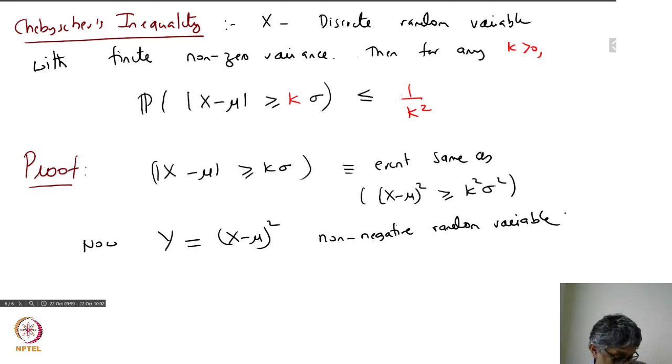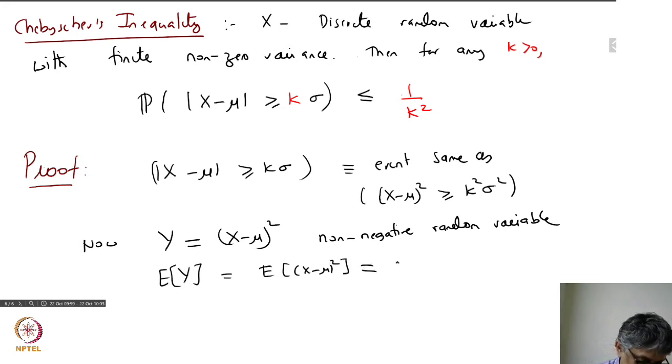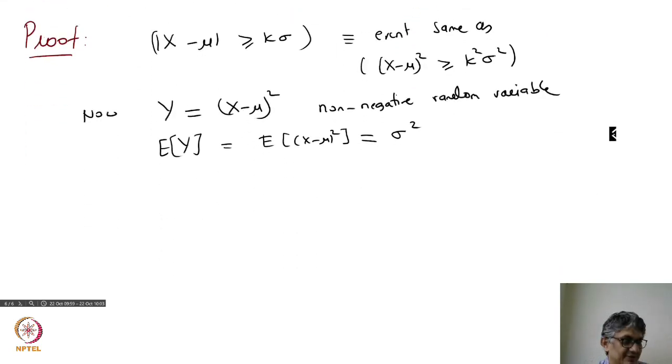Because it's a square. And I know E of Y is E of (X minus mu) squared, and that's just the variance of X. So it's just sigma squared. Right? That's easy.